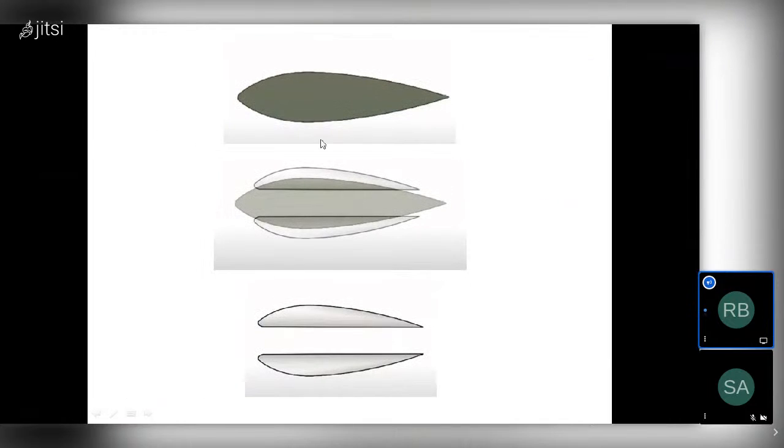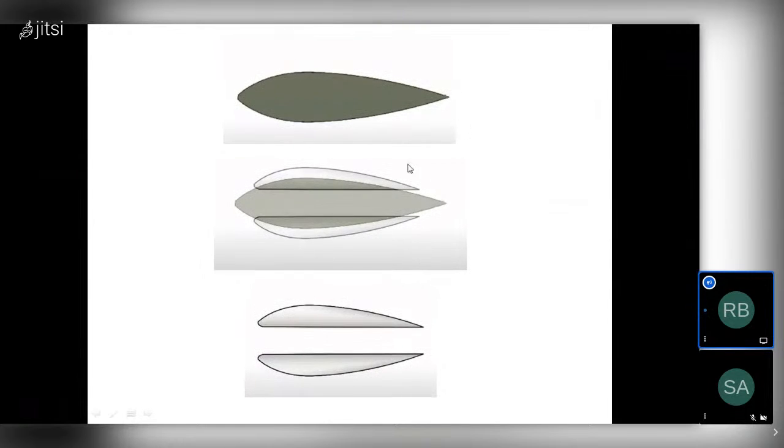Like this, we have different aerofoils. This is our symmetrical aerofoil. If we cut like this, then we will get two equal parts. These two equal parts are renamed again: that is the symmetrical aerofoil and the unsymmetrical aerofoil. So this case comes under the symmetrical aerofoil, and this one is unsymmetrical.